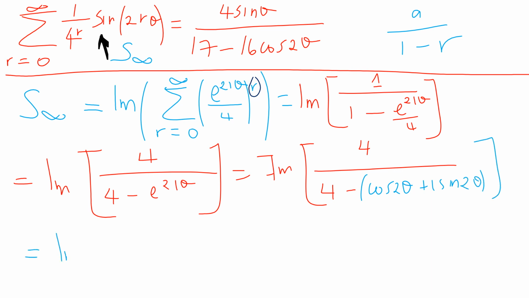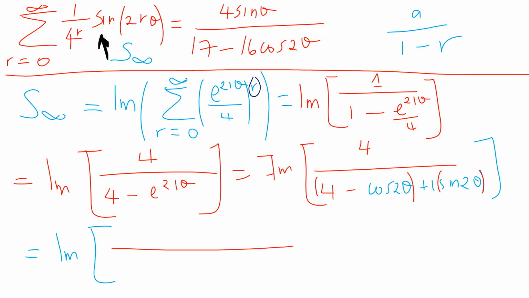So this is the imaginary part of, now we have to rationalize. To rationalize is very simple. 4 minus cos 2 theta is the real part, the part without i, and sine 2 theta is the imaginary part.